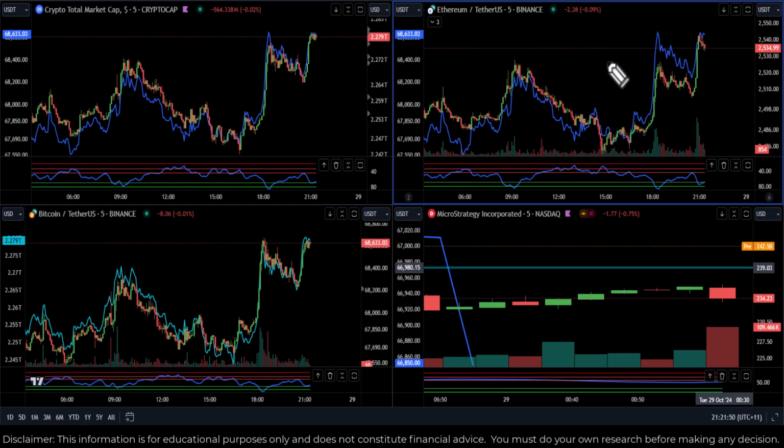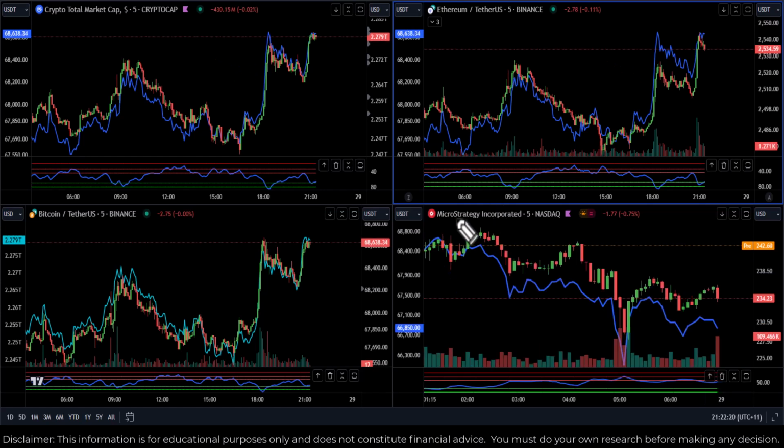And if you're new, you may think that this only applies to Ethereum, but it doesn't. It applies to the entire crypto market. Every single token. Having a look at MicroStrategy, it came down with all of the other big names on Friday. But on Monday, hey, it could be a very different situation, and we're already seeing signs of that right now.